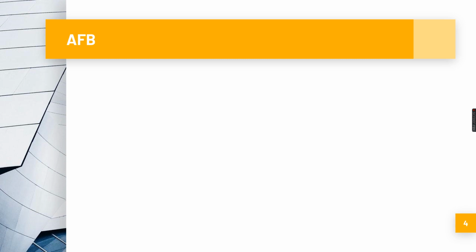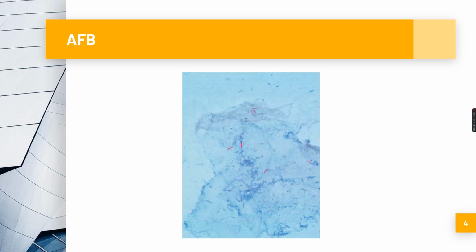One of the foremost diagnostic procedures to diagnose tuberculosis, especially of pulmonary origin, is the acid-fast bacillus staining of the sputum. You can see the characteristic pinkish red bacilli being stained with acid-fast bacilli in the blue background.